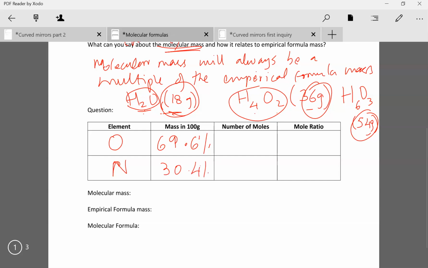We calculate the number of moles by doing 69.6 divided by 16, which is 4.35, and then 30.4 divided by 15, which is 2.17.